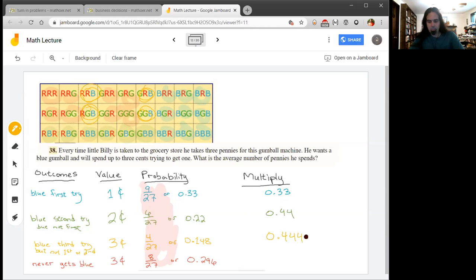And 3 times 8, lots of 8. And again, if you sum all of those up, you get about 2.1.